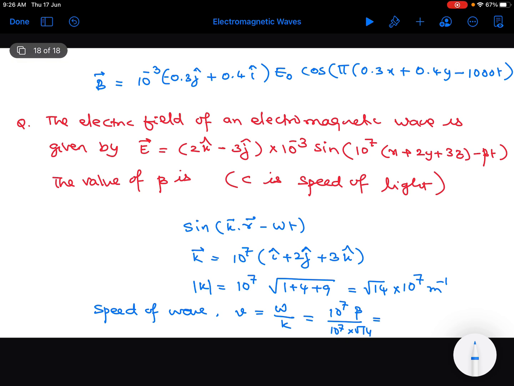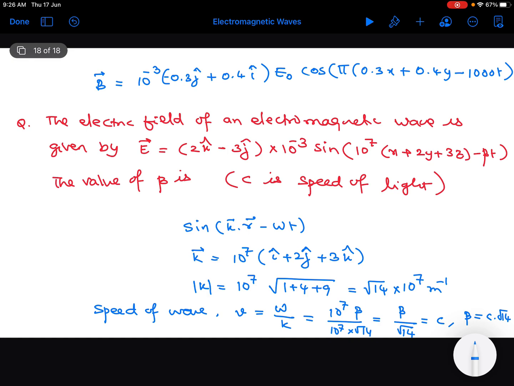So we get v is equal to beta by root 14. As it is moving in free space, v is equal to c. So beta is equal to c times root 14.